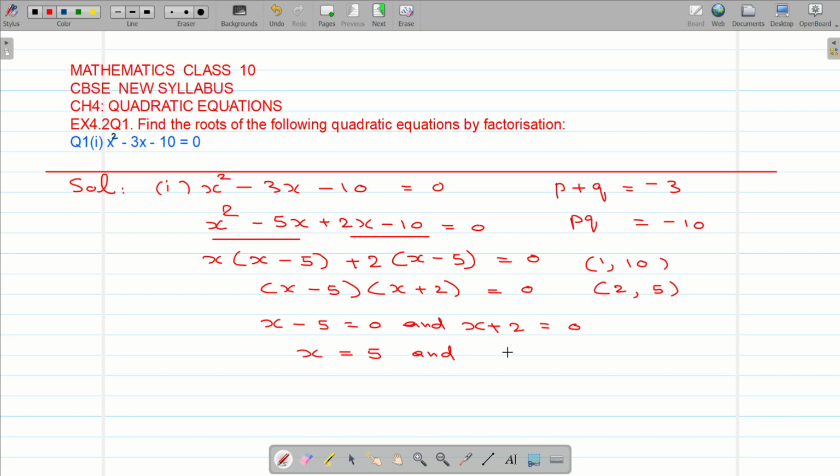If x plus 2 is equal to 0, it means x is equal to minus 2. Therefore, the solution is x is equal to 5, x is equal to minus 2.